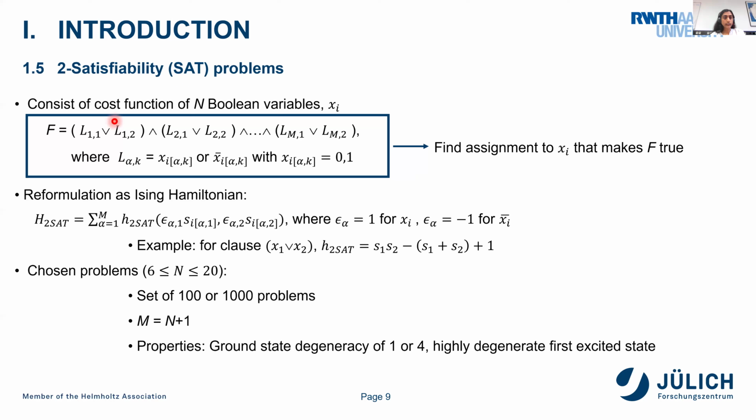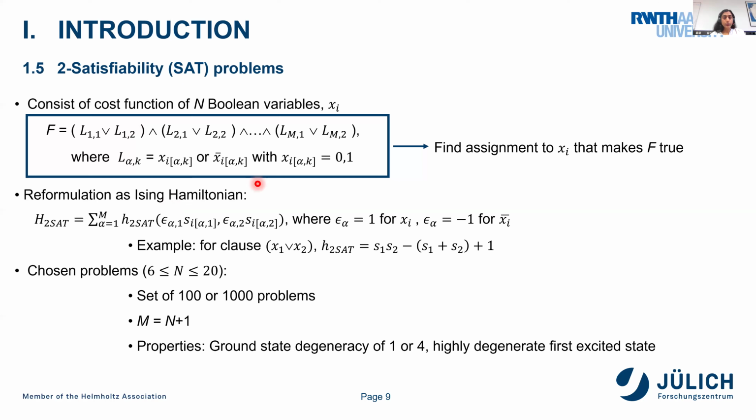Each clause is a disjunction between 2 literals, which means an OR operator between 2 literals, where a literal can be the binary variable x_i or its negation x_i bar. The question is whether we can find an assignment to these x_i's that would make the whole cost function true. So 2-SAT problems are decision problems.